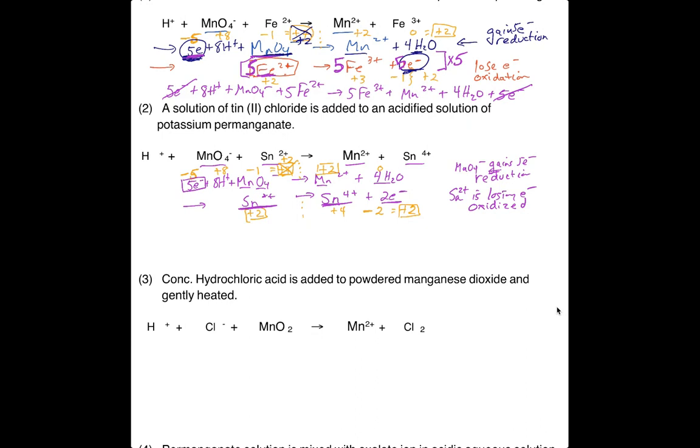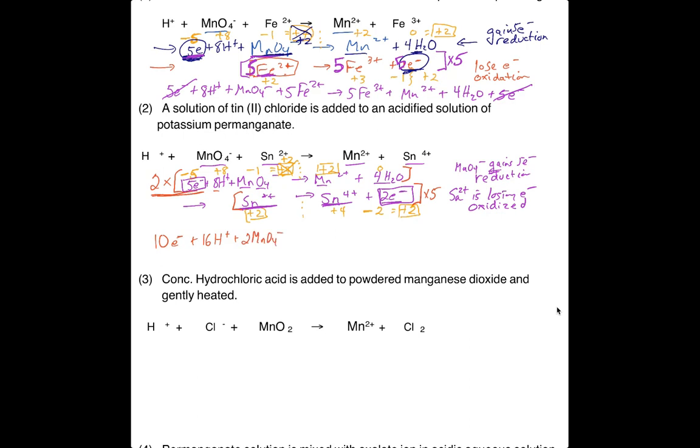Okay, so we've got 2 electrons lost and 5 electrons gained. We have to equalize those. So let's find a common multiple between 5 and 2, which is 10. I'm going to take everything here times 2 and everything here times 5. So let's separate this all out now. I'm going to have 10 electrons, 8 times 2 is 16 hydrogens, and 2 permanganates.